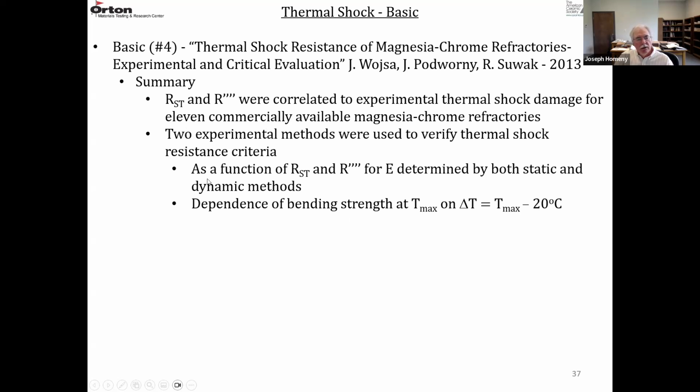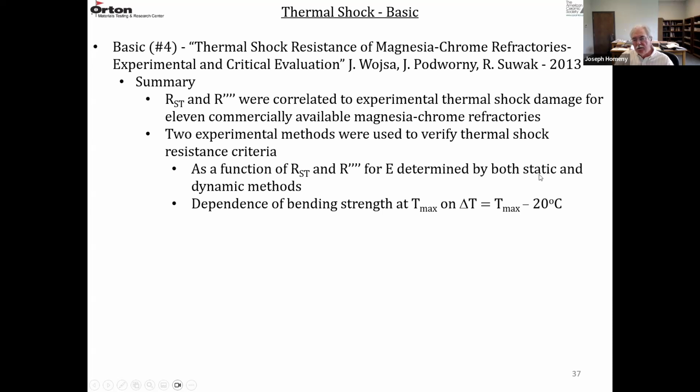RST and R4 prime were determined both by a static technique and a dynamic method. So they calculated RST and R4 prime, and the E that they used in these calculations, the Young's elastic modulus, they measured two different ways, static and dynamic.